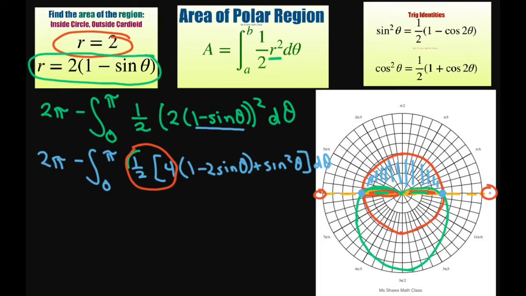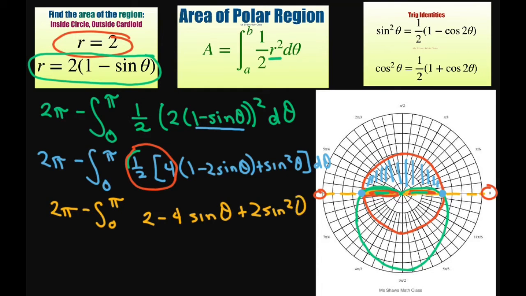And so I can multiply this. We didn't need parentheses here, so let's change that up. All right, so I can multiply everything through by 2. We get 2 pi minus the integral from 0 to pi of 2 minus 4 sine of theta plus 2 sine squared of theta.